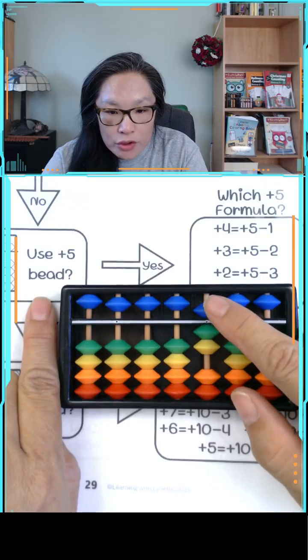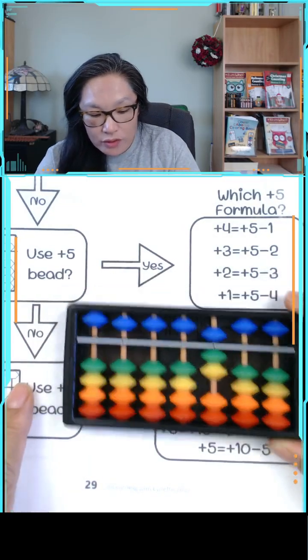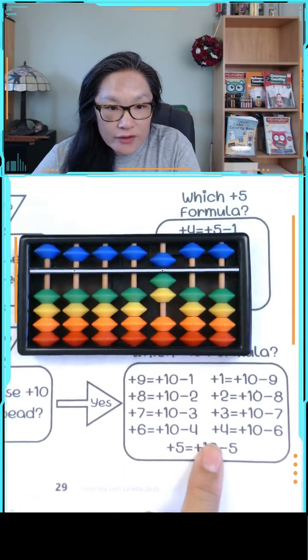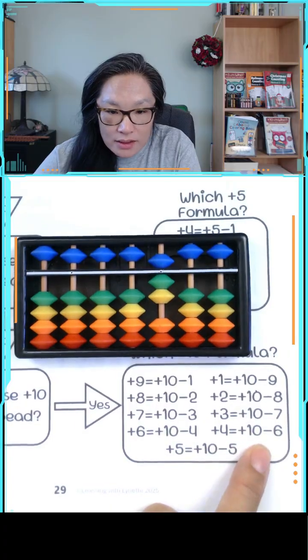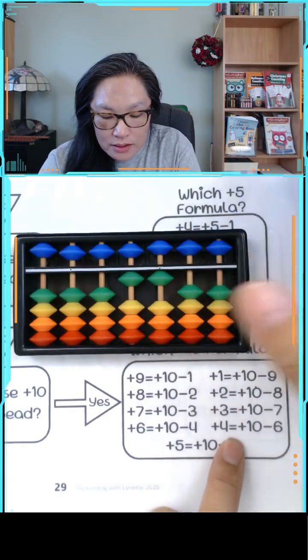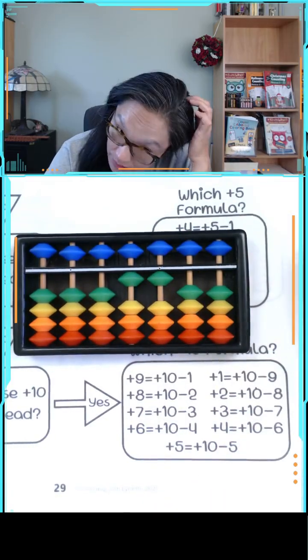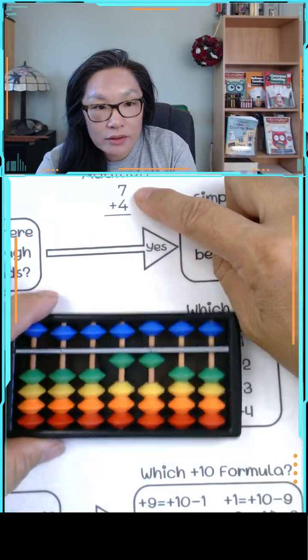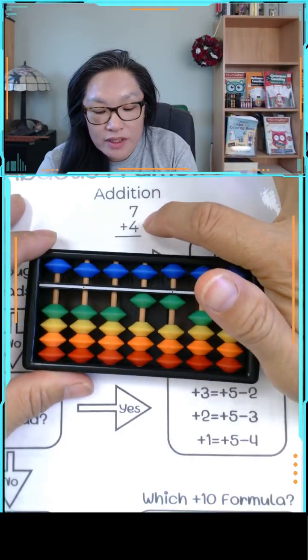Yes or no? No, you cannot use the 5 bead. So what do? Then you got to go here, plus the 10. So when you add the 10, you have to plus the 10 minus the 6. Right? Plus the 10 minus the 6. So my final answer is 11. And that's it. Because that would be 7 plus 4.